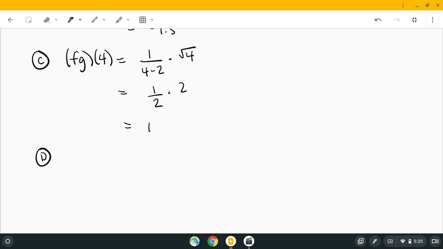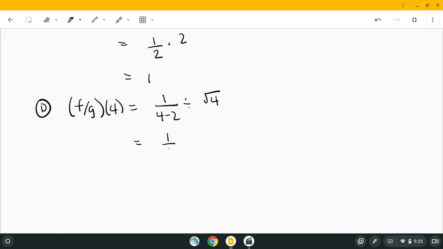Letter D, let's do F divided by G evaluated at 4. All right, so that would be 1 over 4 minus 2 divided by the square root of 4.